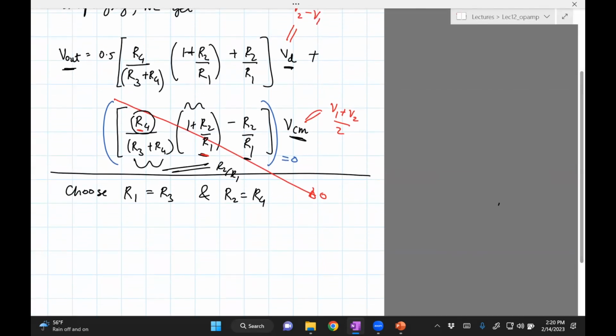We have a value for V out, which is, I'm just going to put R4 equals R2, and then R1 equals R3 in the first term also, and you will end up getting R2 divided by R1 VD, which is nothing but R2 divided by R1 times V2 minus V1.